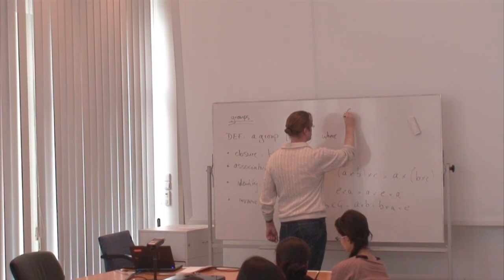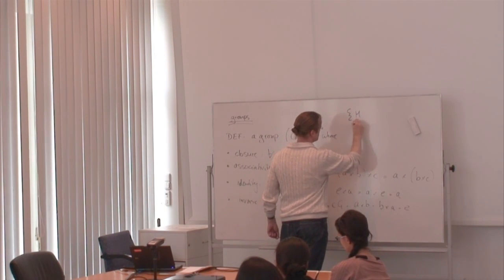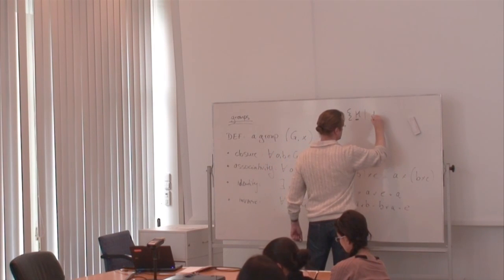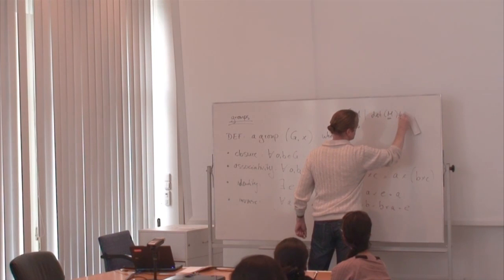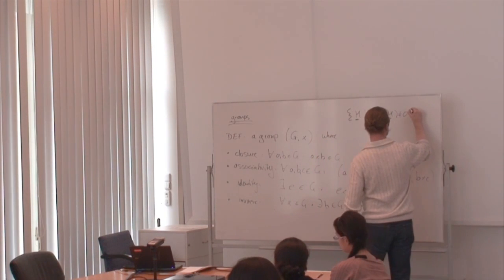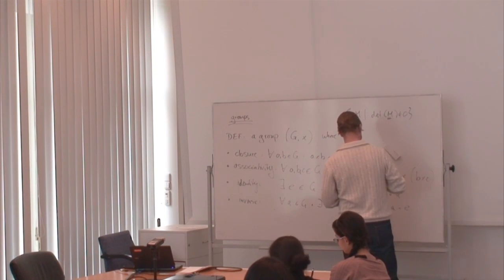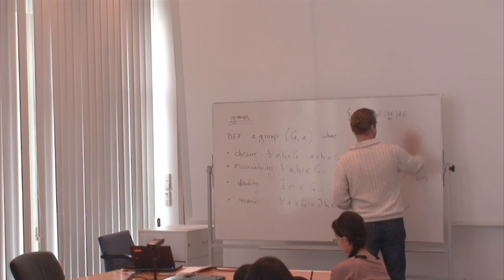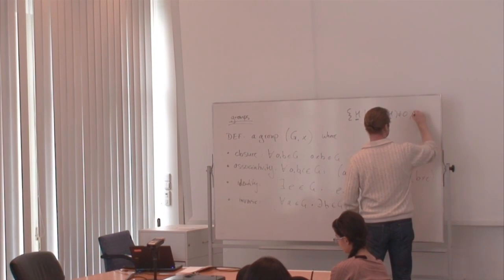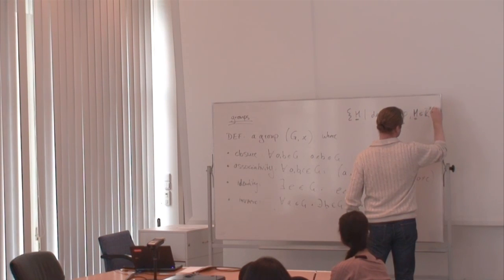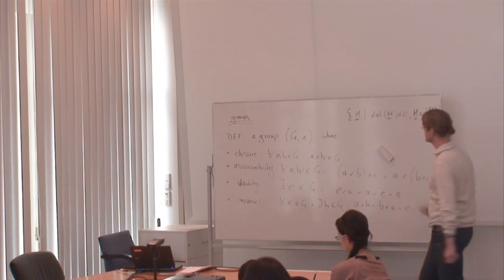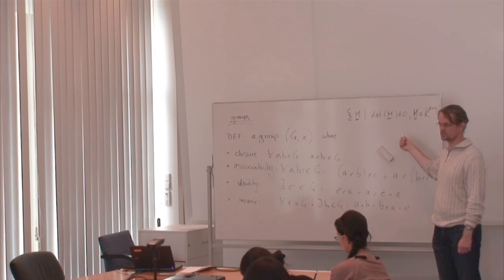let's talk about the set of matrices for which the determinant is not 0, and make them square. So M is some n by n square matrix. Right? This set forms a group.